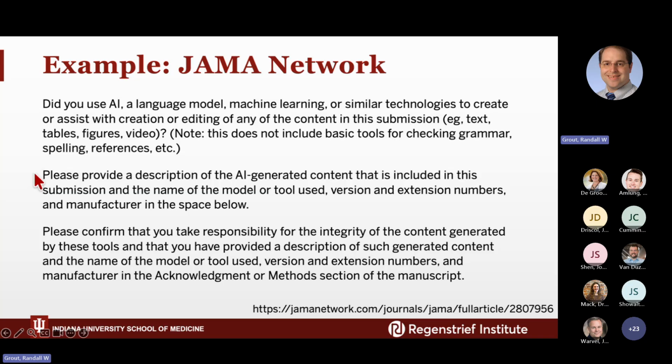If you answer yes, they want you to provide a description of the content that is included, the name of the model or tool used, version, extension numbers, and the manufacturer, and then to confirm that you take responsibility for what was done and the details that you're providing, and have that in the acknowledgement or the methods section of the manuscript.